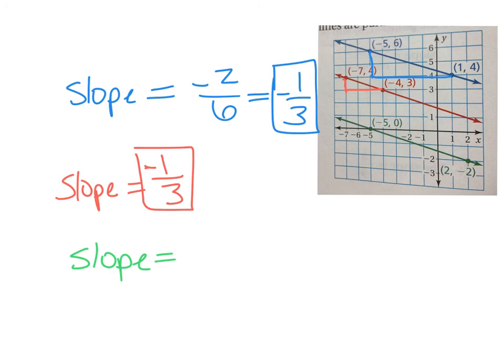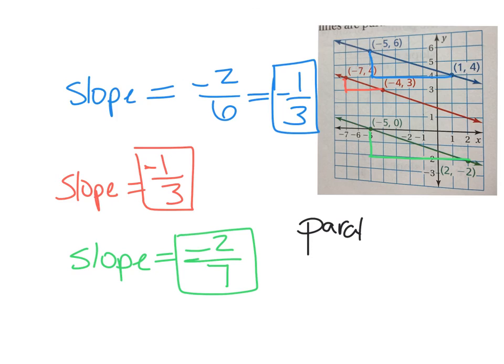But let's double check and see if the third one is parallel also. I go down how many? 2. And I go over how many? 7. So there's my third slope. So which two lines are parallel? The blue and red. Very good. Make sure you put this on your paper.